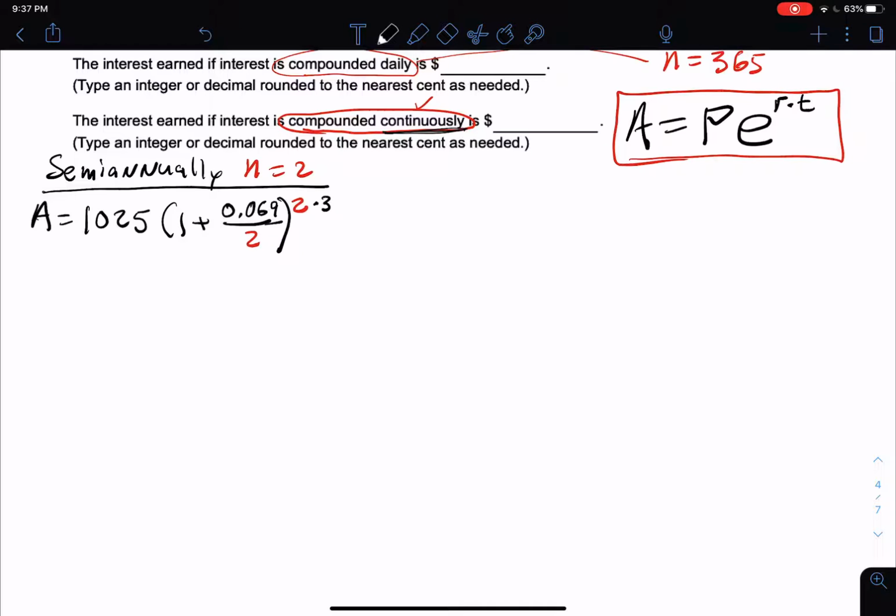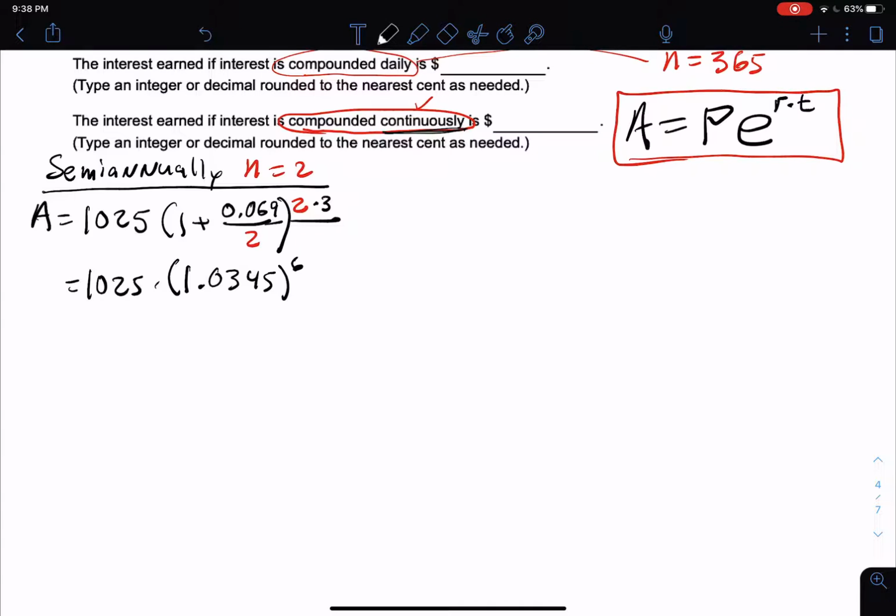Okay, simplifying this, we're doing order of operations in the parentheses, so we have to take 0.069 divided by 2 and then add 1. Well, that amounts to 1.0345, and that's being raised to the 2 times 3, 6th power.